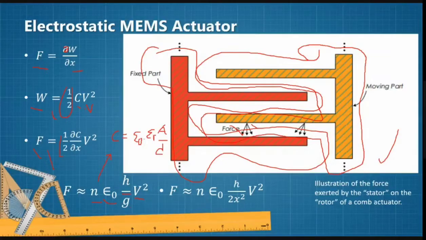Where N here is the number of teeth of the comb. In a mechanical actuator like here, the teeth are like mountain and slope, but in the MEMS actuator, this is the teeth.